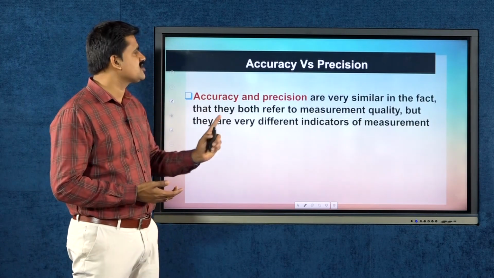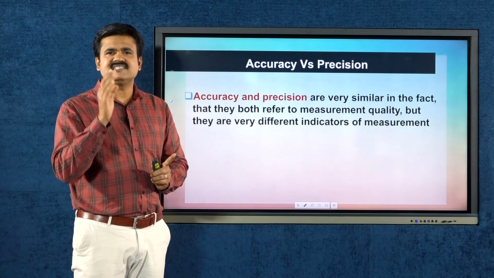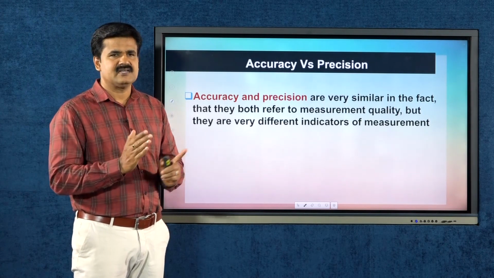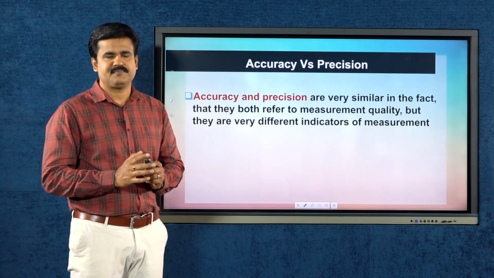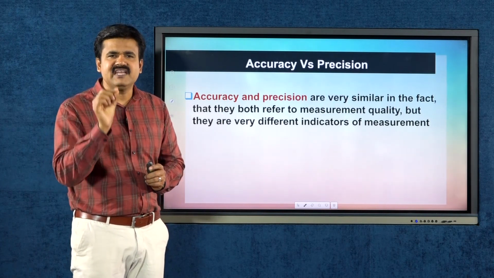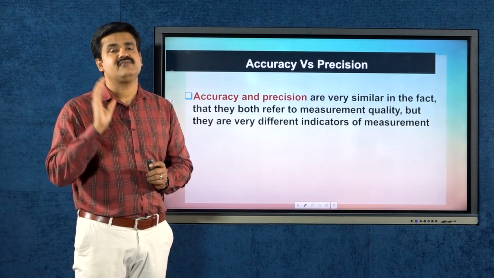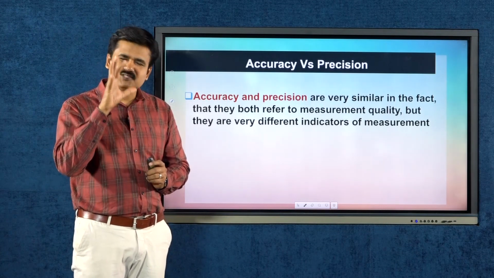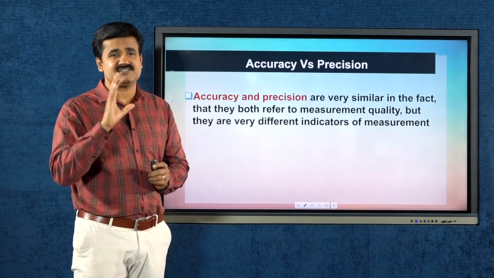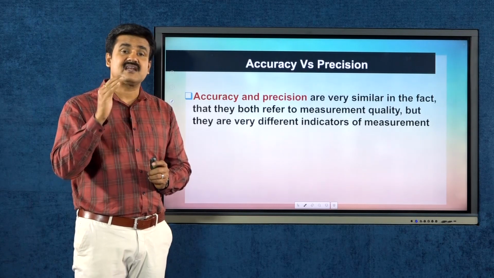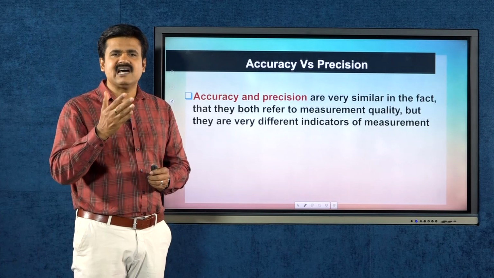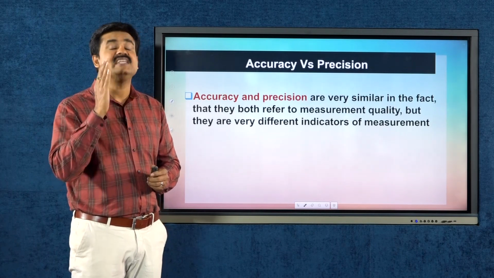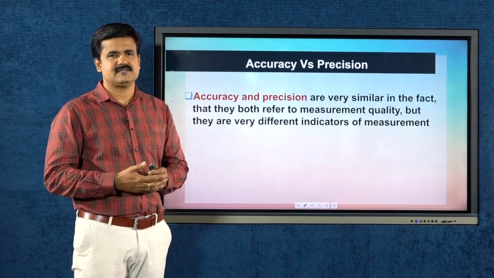Accuracy and precision are very similar in the fact that they both refer to measurement quality, but they are very different indicators of measurement. These two terms are closely related because they are related to measurement of a quantity. However, they are very different indicators of measurement.